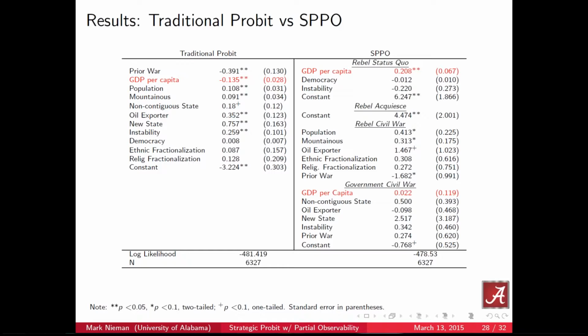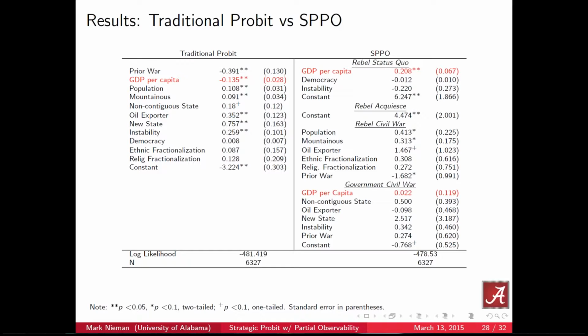And what we see here is that in the rebel status quo equation, we're seeing a positive coefficient, which indicates that GDP per capita increases the value rebels put towards the status quo. So this makes them less likely to want to initiate a conflict because they value the status quo more than they would have otherwise, all else equal.